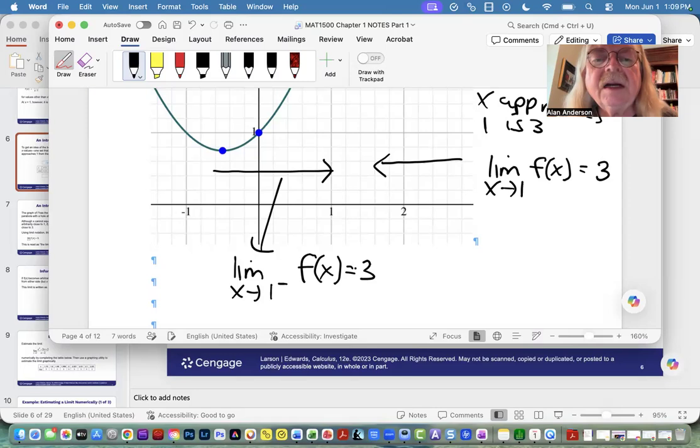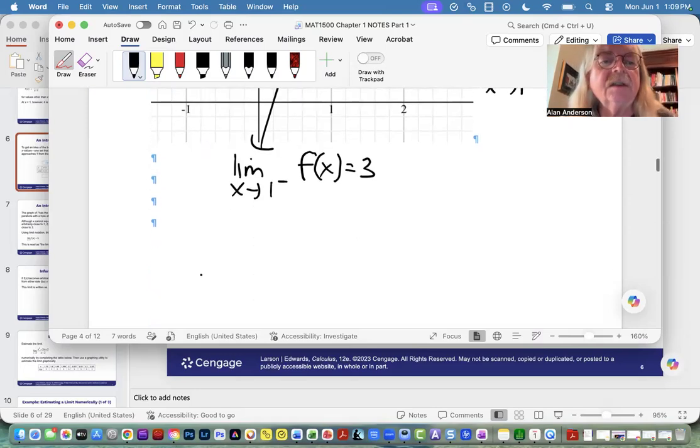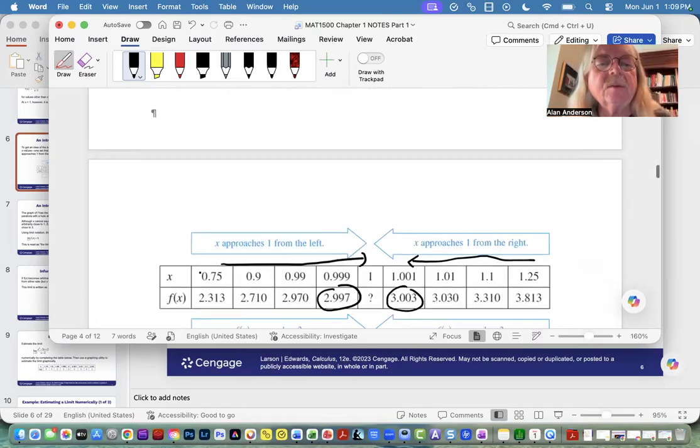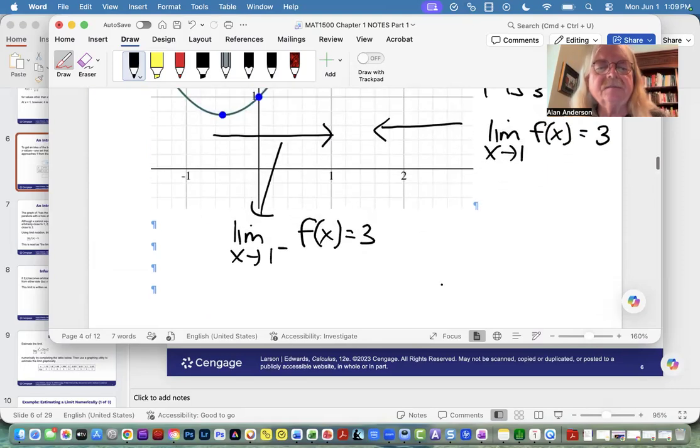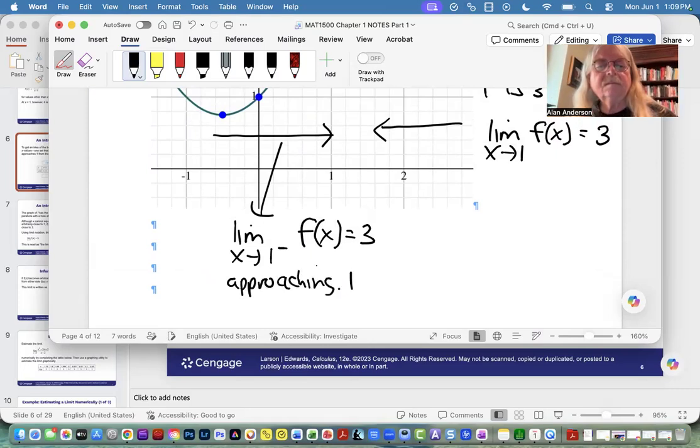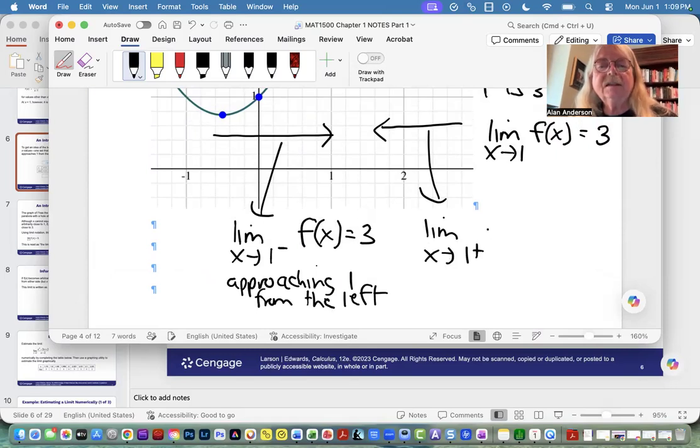That little minus doesn't mean -1. It means we're approaching from the left. And then for this one, we say that the limit as x approaches 1 from the right is 3 as well.